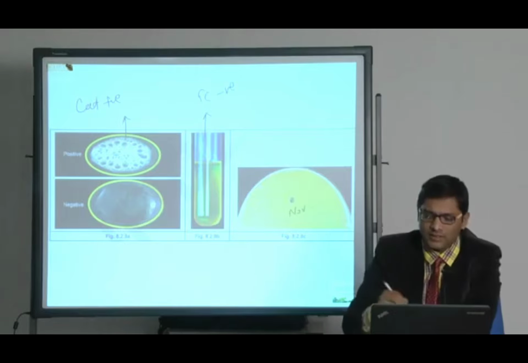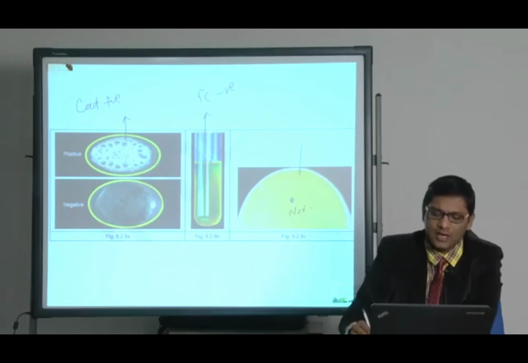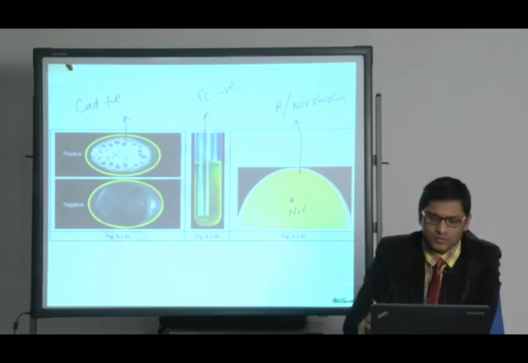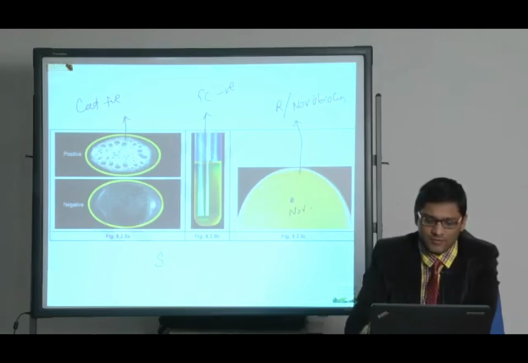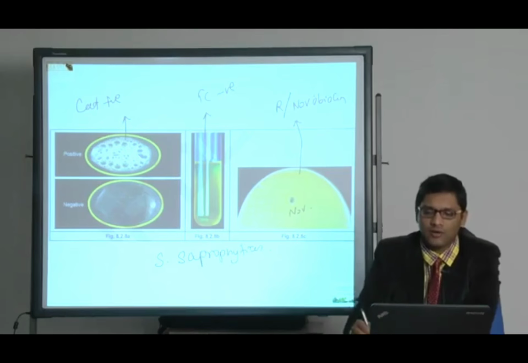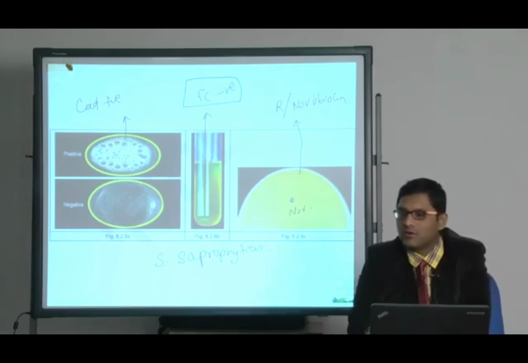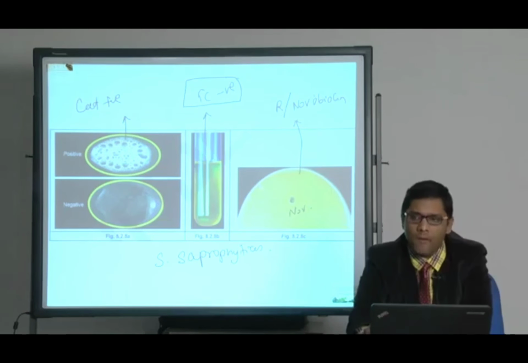This is a novobiocin disc, and in this figure it is shown that this organism is resistant to novobiocin. This is typically a case of Staphylococcus saprophyticus, which is resistant to novobiocin, and it is a coagulase negative staph, that is why tube coagulase is negative.